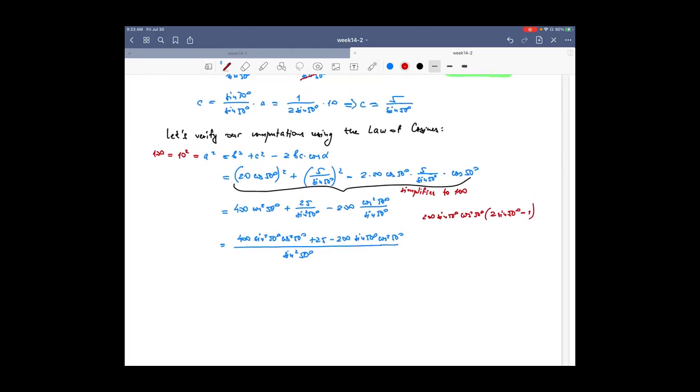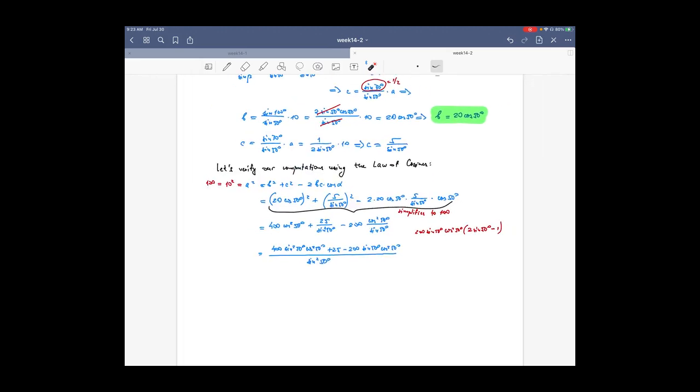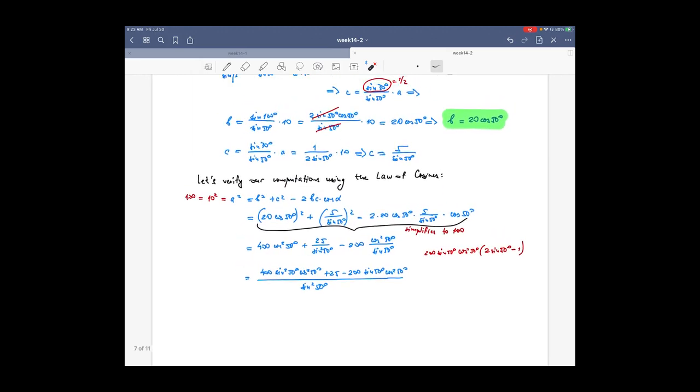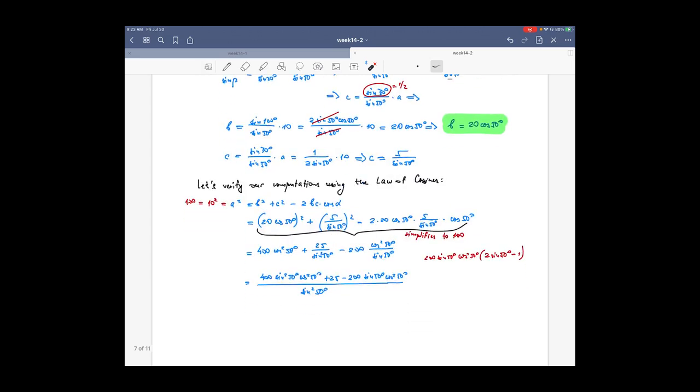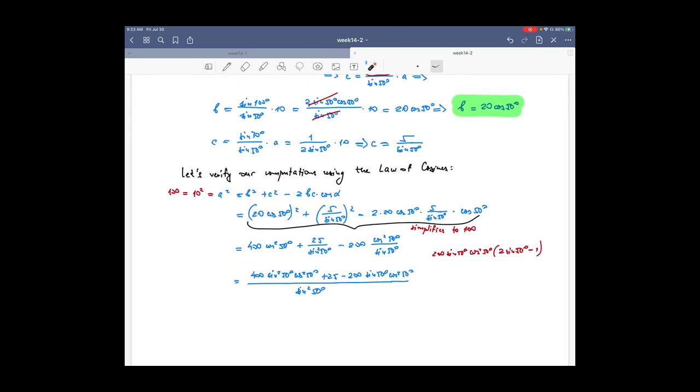So we have in fact solved this problem correctly, and it would be nice to verify that the found sides, b and c, along with the known side a, satisfy the law of cosines. It's some kind of trigonometric argument, and I'm leaving this for you as homework.